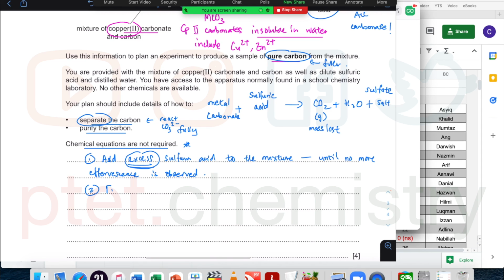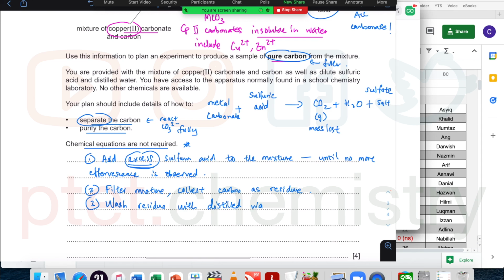So what happens is you filter the mixture, and then you have to collect the carbon, which is the graphite, as residue. Now you have used excess acid, therefore you have to wash the residue. When you wash it, you don't wash it with acid, you wash it with distilled water.